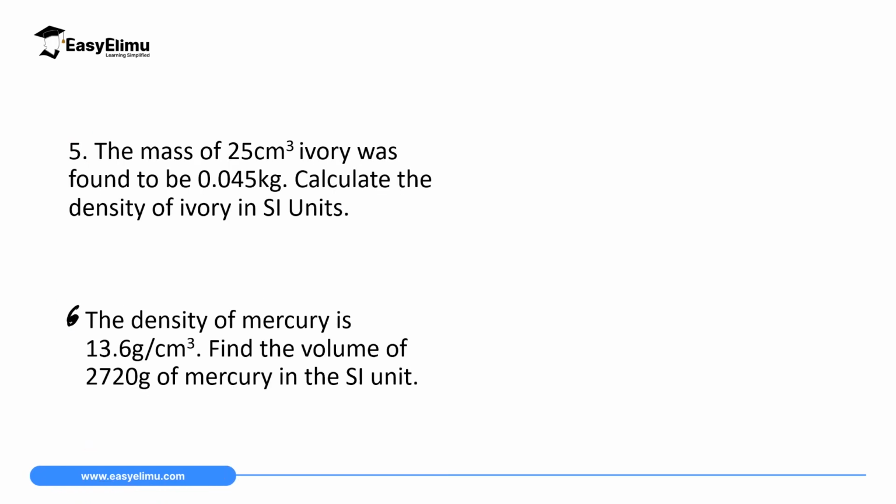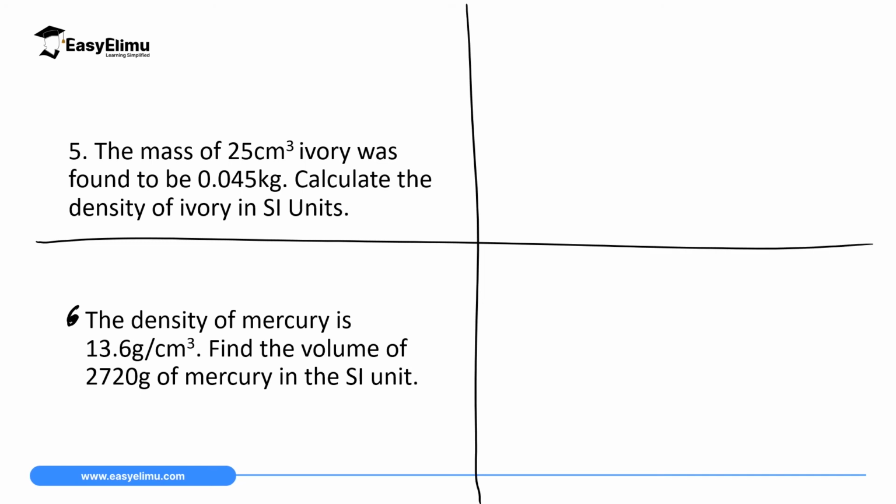So let's do the other question concerning density. The first question reads, the mass of 25 cubic centimeters, this is the volume of ivory, was found to be 0.045 kgs.